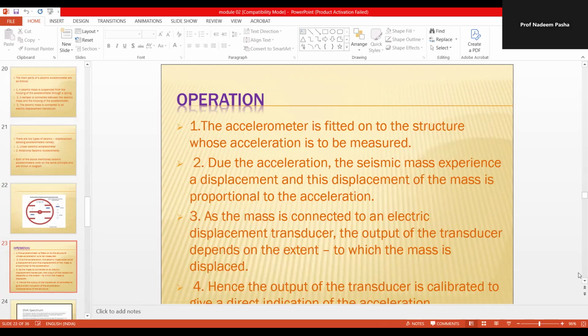So, what is happening when we are calculating the strong motion characteristic using an accelerometer? First step, it is fitted on the structure whose acceleration is to be determined. Next, due to the acceleration, the seismic mass experiences a displacement, and this displacement is proportional to the acceleration.